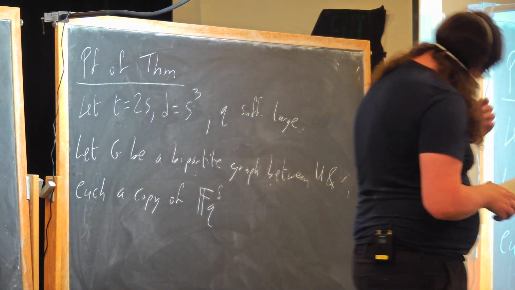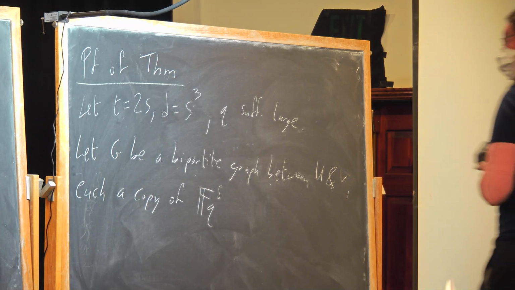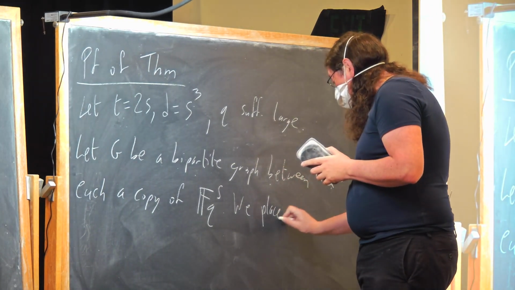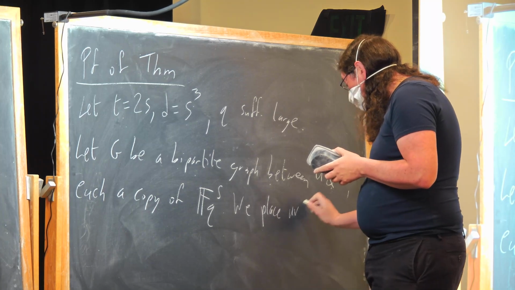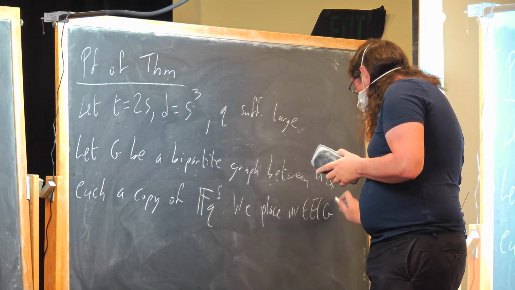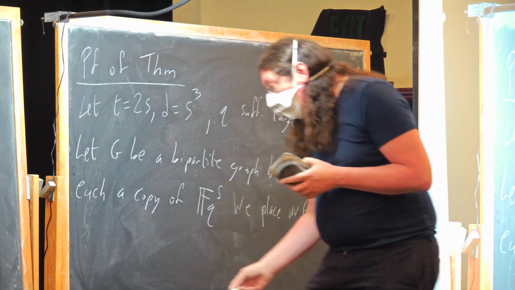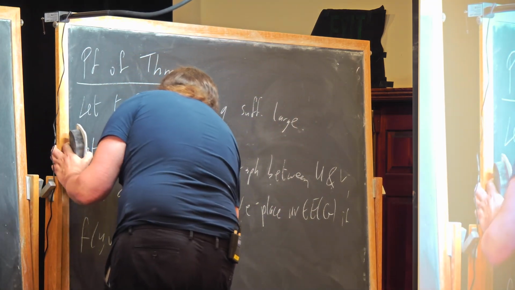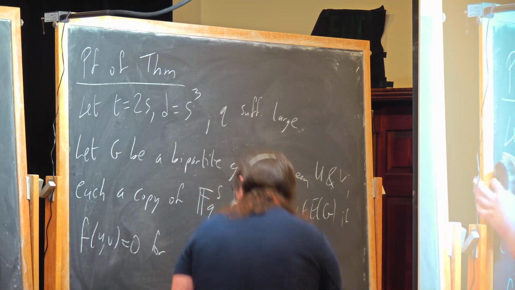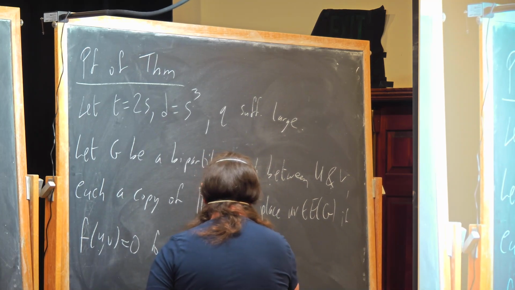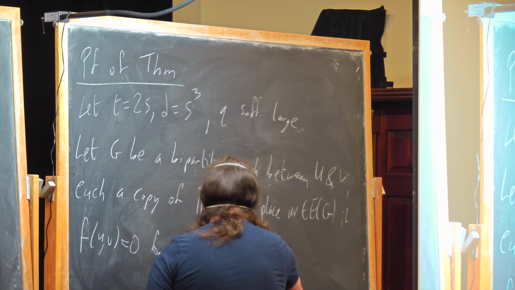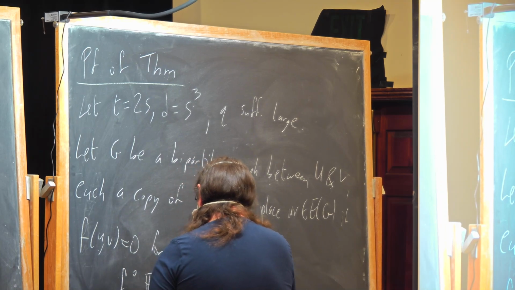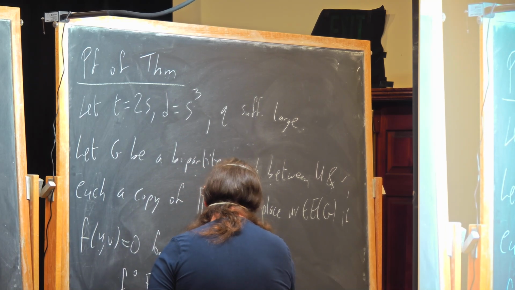And what we're going to do is we're going to draw an edge. So we place uv an element of E(G) if f(u,v) is equal to 0 for a random polynomial f going from F_q^s cross F_q^s to F_q.